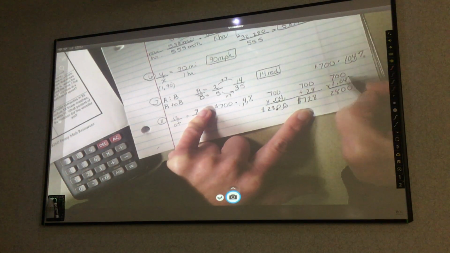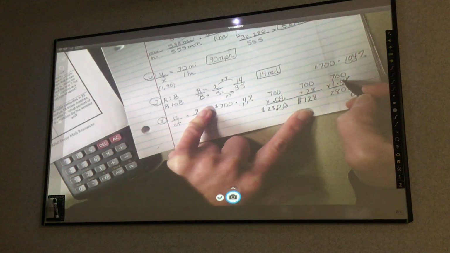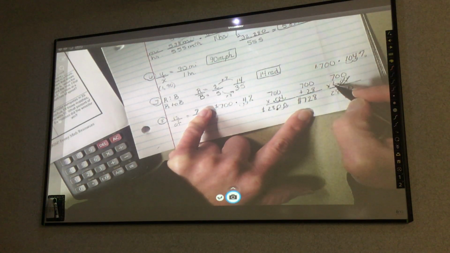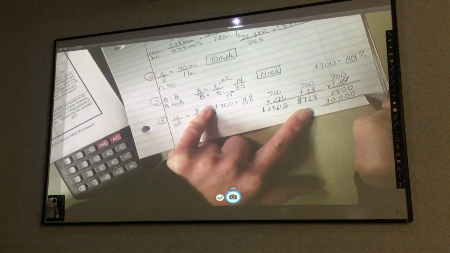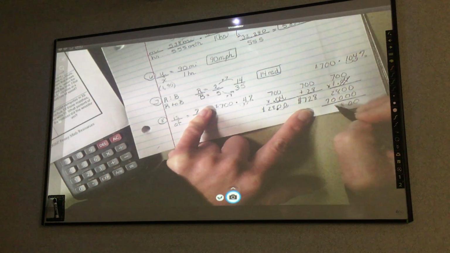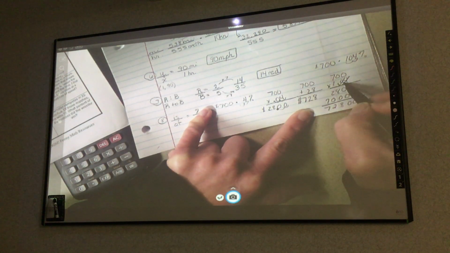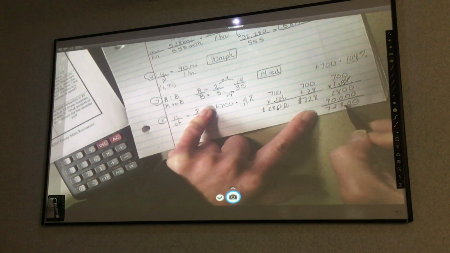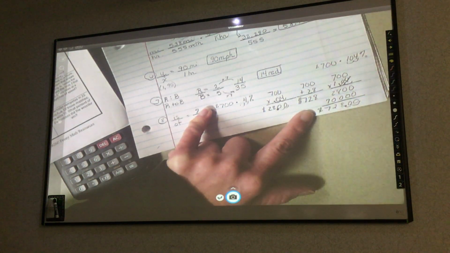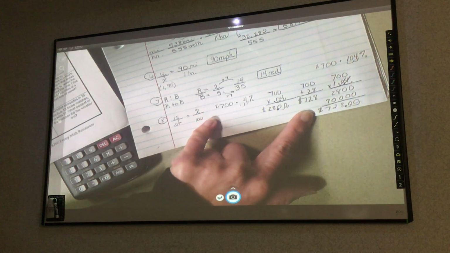Add a 0 for this one, but I'm not going to keep doing it. Add another 0 for this. 1, 2 decimal places, and you still get $728. And I just didn't have to do my addition.